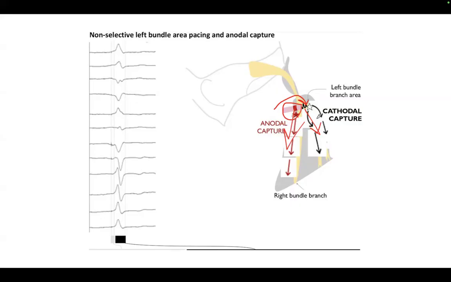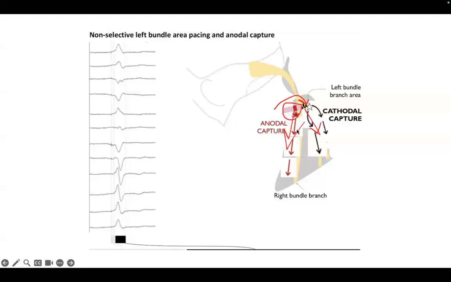Normally the left bundle activates the septum first, and then the right bundle gets activated. But if you're engaging the right bundle before the left bundle, it's not as normal as when you engage the left bundle before the right bundle. This is called a nodal capture, and in some patients that are very, very sensitive, it might result in no improvement in function or a little bit of decline in function.